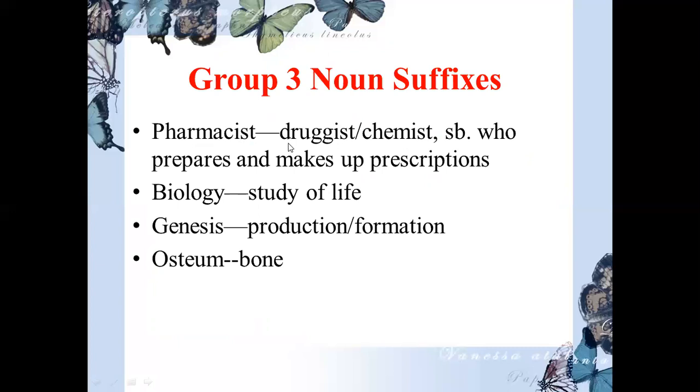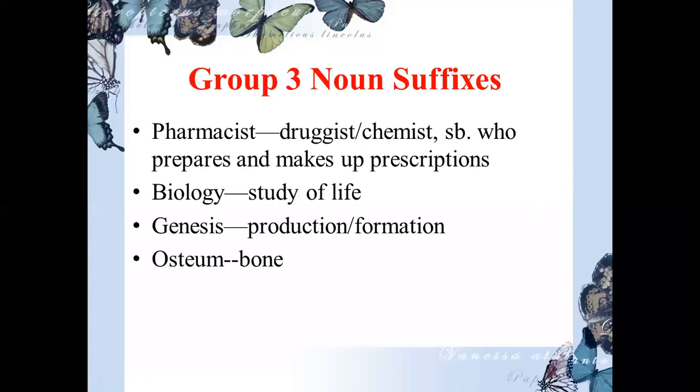And in American English, it's a druggist. So it's a person who prepares and makes up a prescription by a doctor. That is a person who works in the pharmacy to make up prescription.